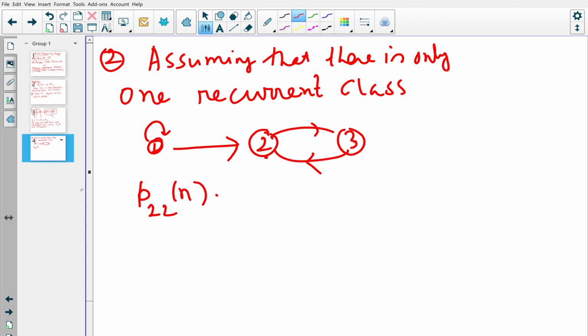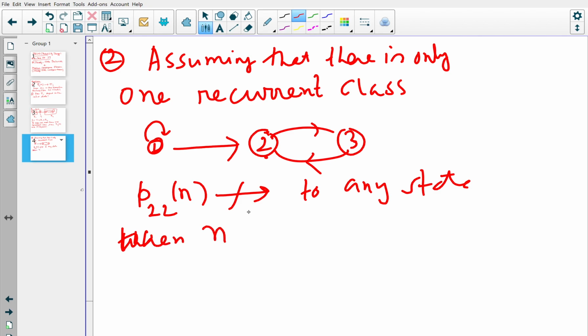So this does not have a limit, it does not converge to any state. Why? Because you see, it started at 2, right? The initial state is 2.